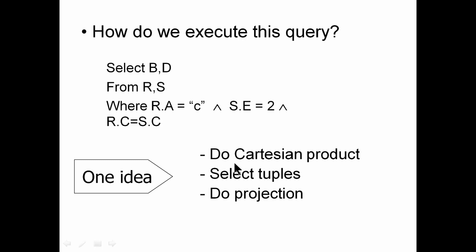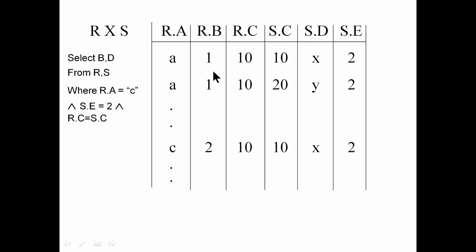So do the Cartesian product, which is the innermost operation, then apply the where condition, and then finally do the projection, apply select B. The innermost operation is from, the next outer operation is where, and the final operation is select.